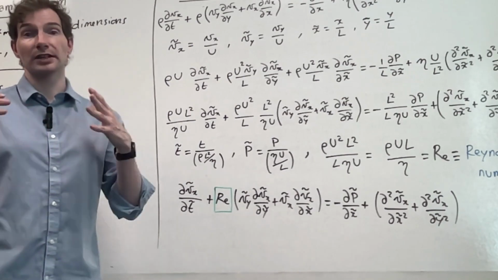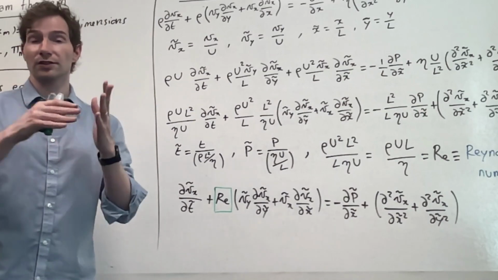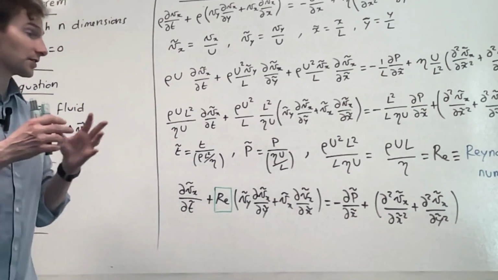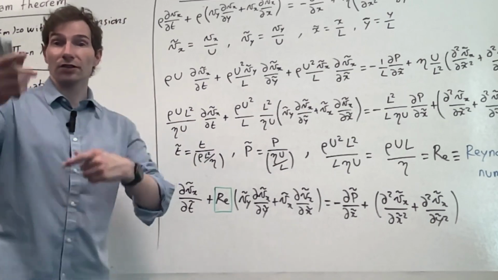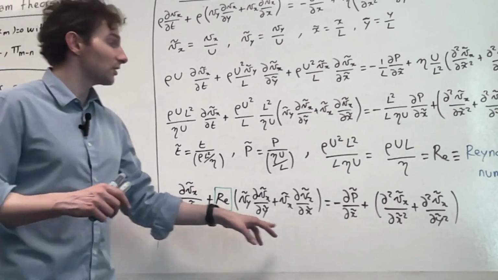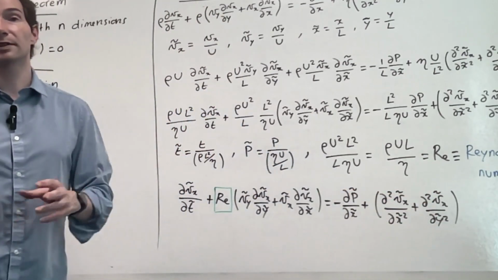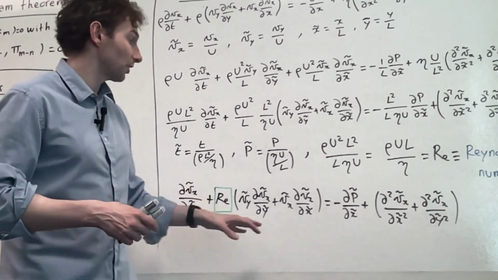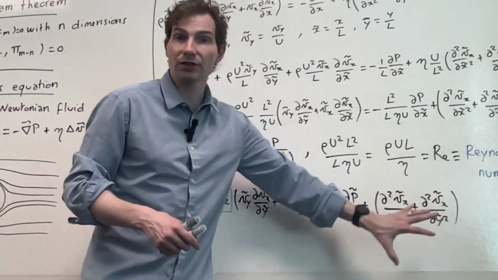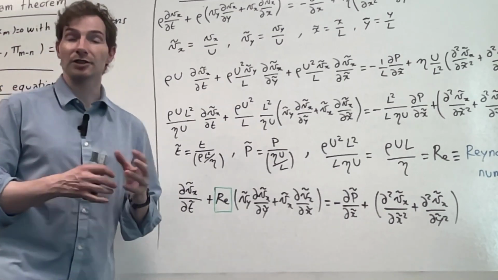That implies the existence of laminar flow, where the lines of the flow are not intersecting, they can't intersect each other. On the other hand, if this number is very, very large, then essentially part of these terms might be completely negligible. If that part is removed, then we get what is called the Euler fluid dynamics equation.